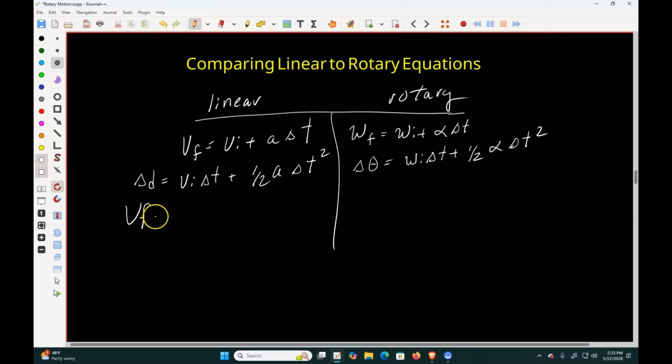We also said the final velocity is equal to the square root of the initial velocity squared plus 2a times change in distance.